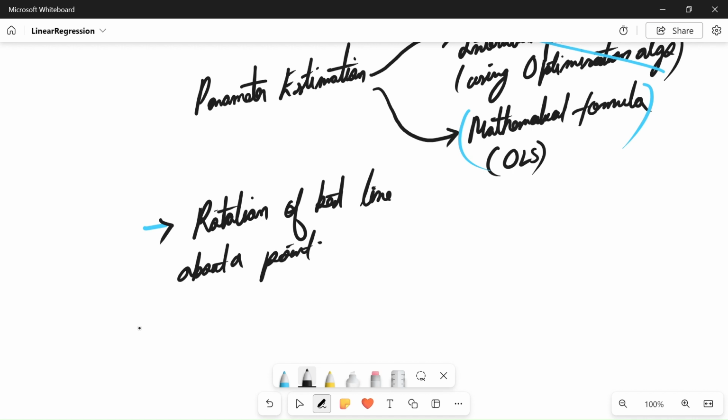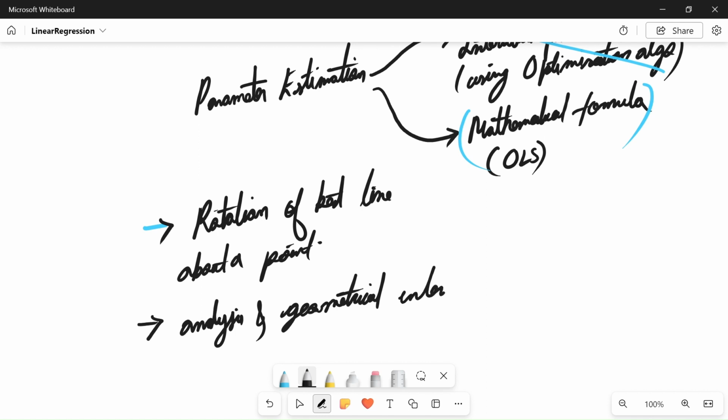And the second thing that we'll discuss, which I think is the juice of this discussion, is the analysis and geometrical interpretation of OLS.